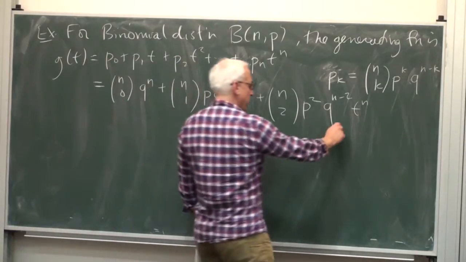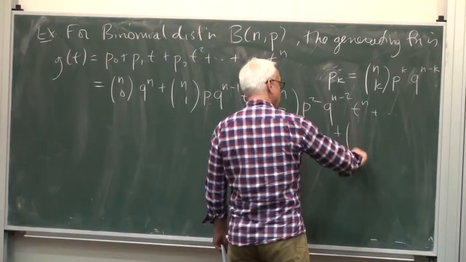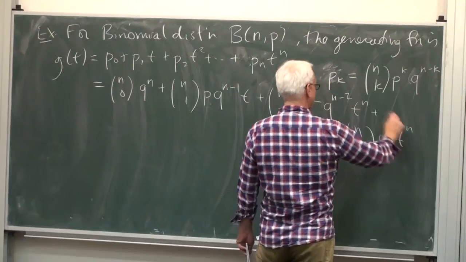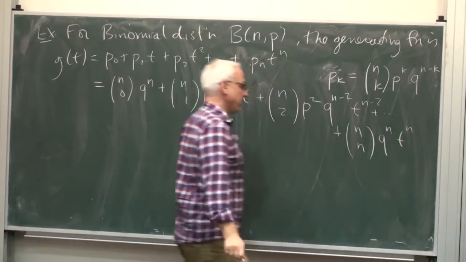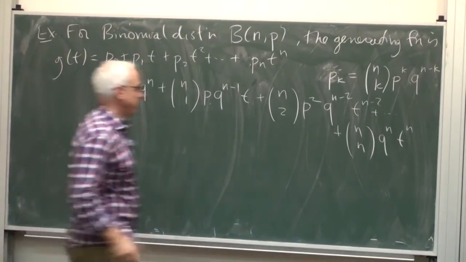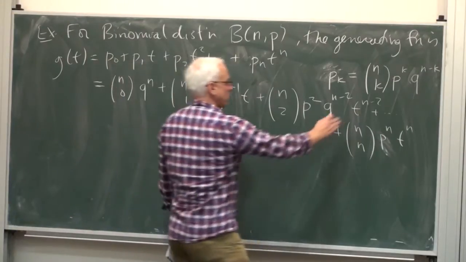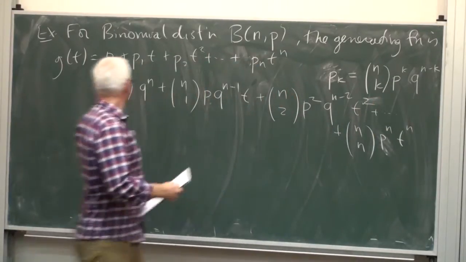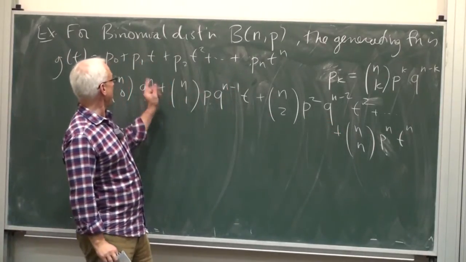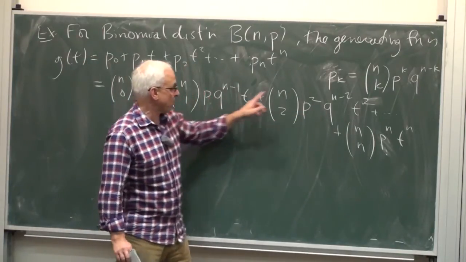Until we get to the last term, which will be n choose n, and then there'll be just a q to the 0, t to the n, p to the n. The p's are getting bigger. The t's are also getting bigger one at a time. The q's are getting smaller.